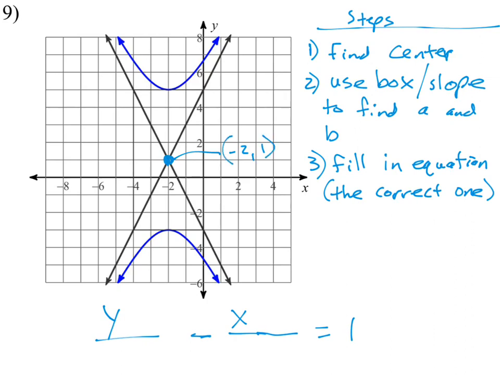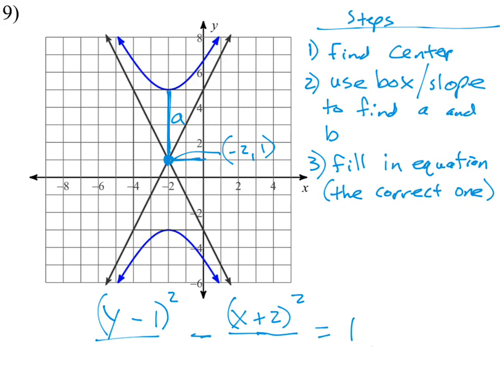We can put that in our equation. We're going to have y minus the k value and x minus the h value. x minus -2 is x plus 2 squared. And now we just need to find our a and b values. Since it's a vertical hyperbola, the a distance is going to be the vertical one.